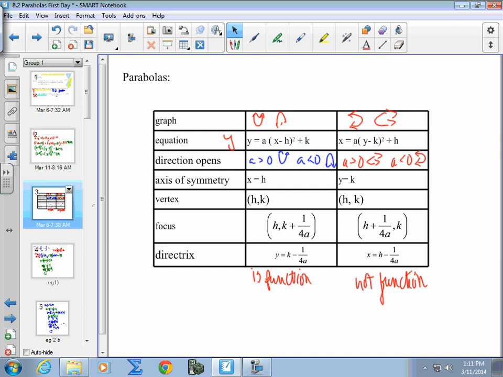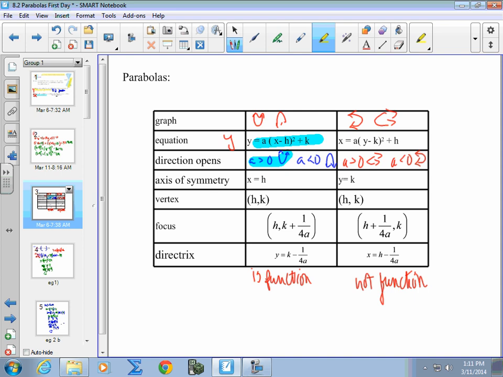Next I have a chart. This chart is in your textbook on the different parabolas. You'll notice here once again we have y equals a times (x minus h) squared plus k. That is a parabola that faces up or down. If a is a positive number, it faces up.